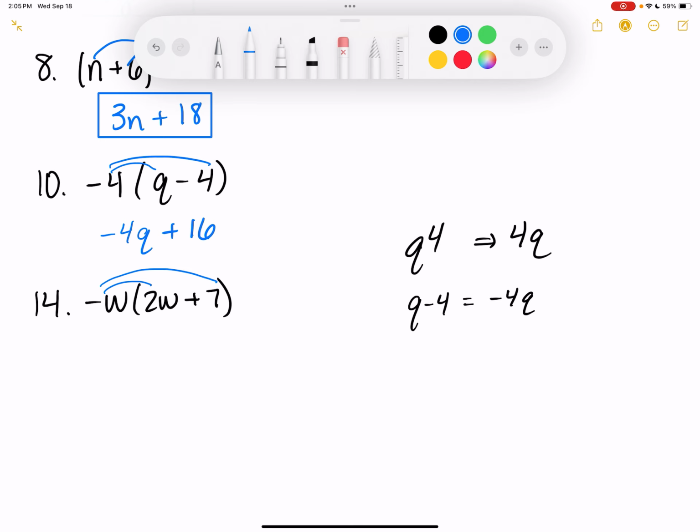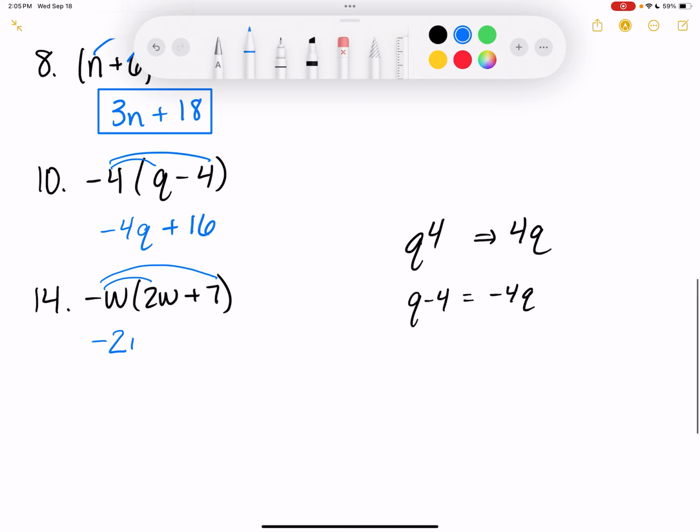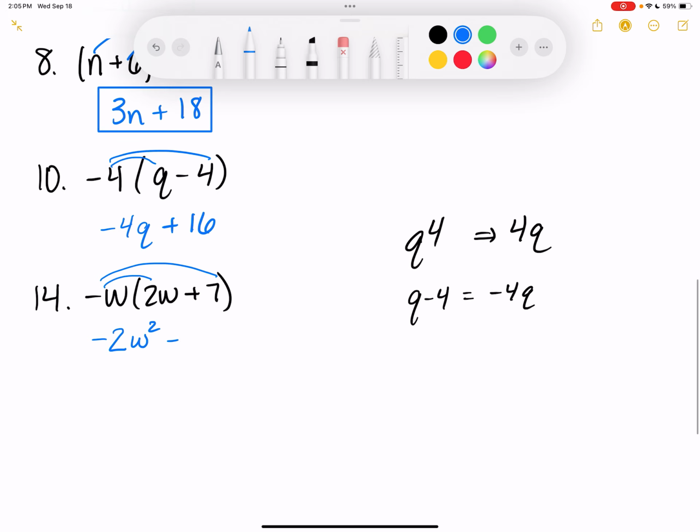Negative 2w squared. Anytime we multiply a variable times itself, it becomes squared. So it will be negative 2w squared. And then what do I get when I do negative w times 7? Negative 7w. Yep.